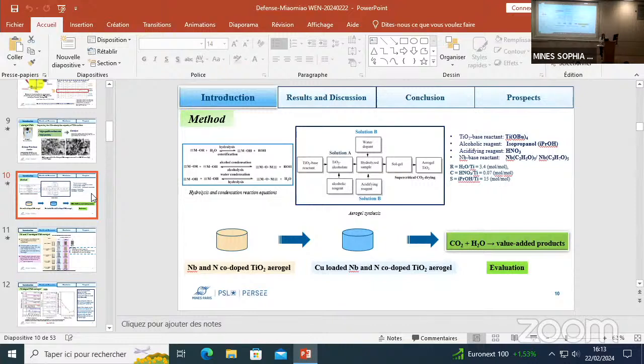Because for me, it's possible to store some electrons due to the Schottky barrier. Do you agree with that? Yeah, I agree with it. There are two at the same time. One is the Schottky barrier formation, and then the electron sink.